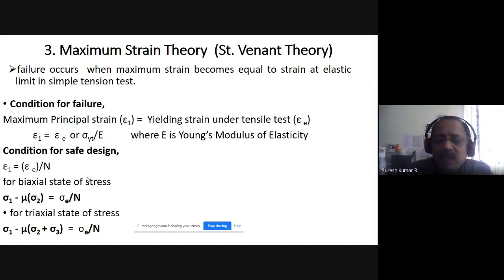If the same thing is expressed in terms of principal stresses, then sigma 1 minus mu sigma 2 should be restricted to sigma E by n. For triaxial, where sigma 3 is also involved, sigma 2 and sigma 3 are lateral strains, so sigma 1 minus mu into sigma 2 plus sigma 3 should be restricted to sigma E by n.